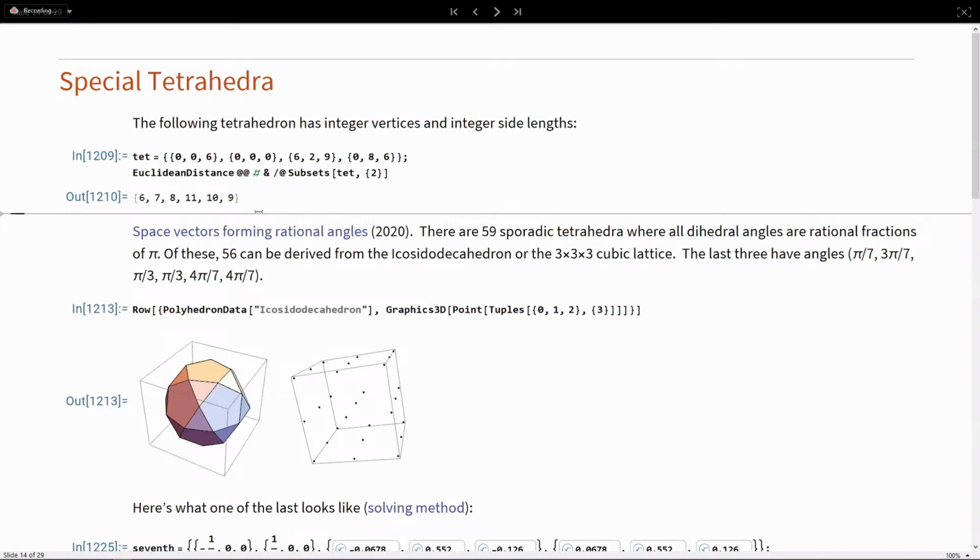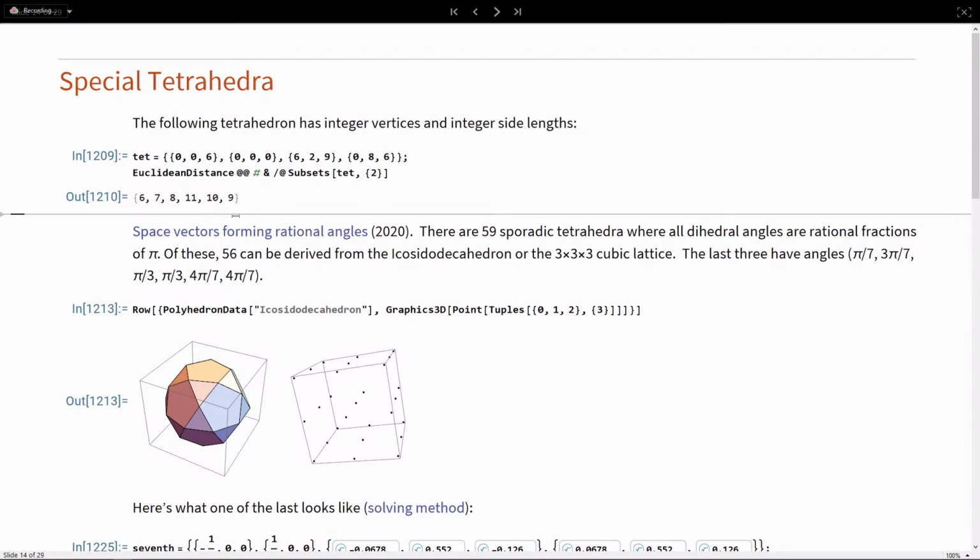I'd like to find more of those, because, and I used this several times in this talk, when the edge lengths are nice, sometimes the generated special tetrahedra and special tetrahedron centers also have nice coordinates, but not always.